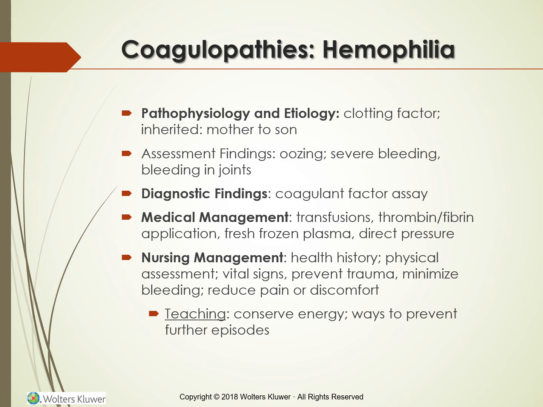Medical management. Treatment includes transfusion of fresh blood, frozen plasma, factor VIII concentrate, and anti-inhibitor coagulant complex for hemophilia A, factor IX concentrate for hemophilia B, factor XI for hemophilia C, and the application of thrombin or fibrin to the bleeding area.